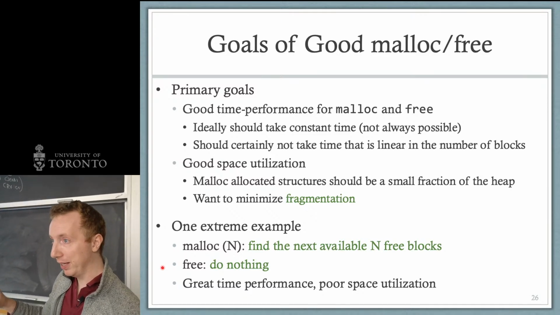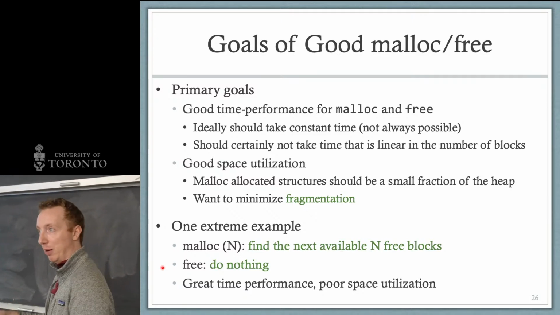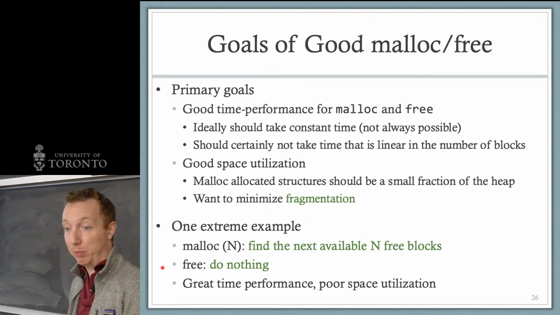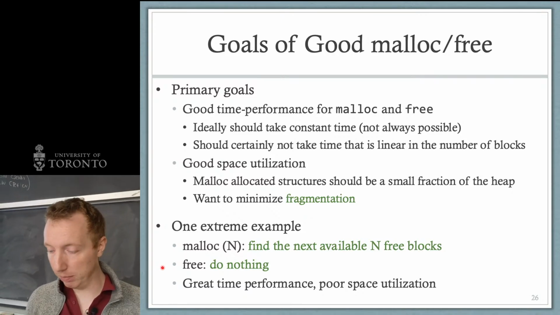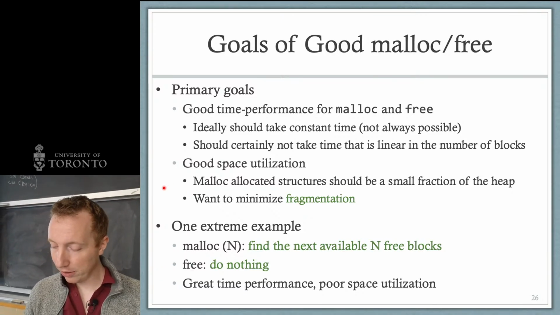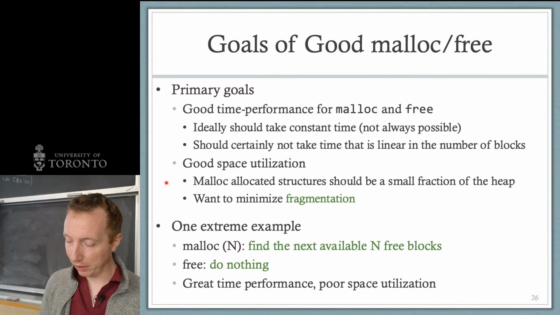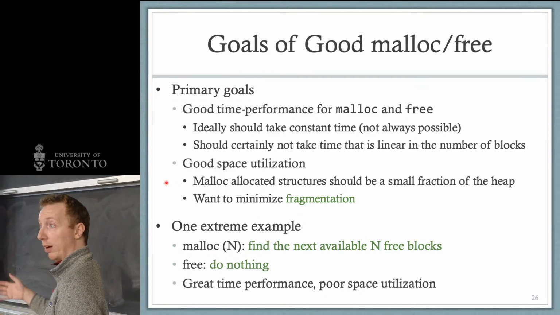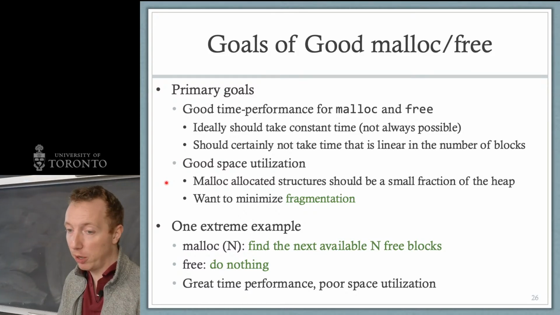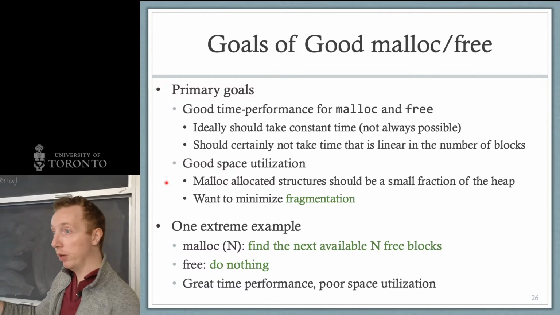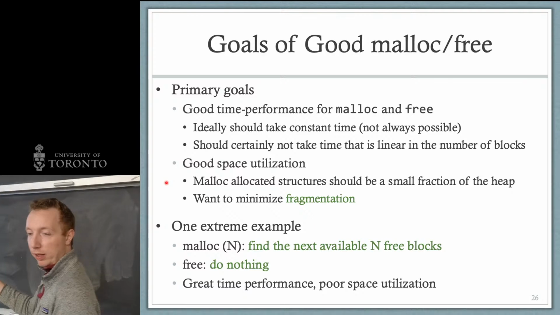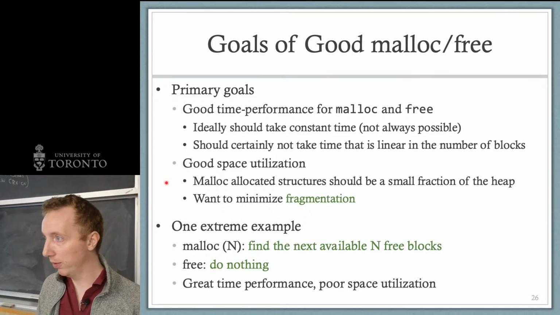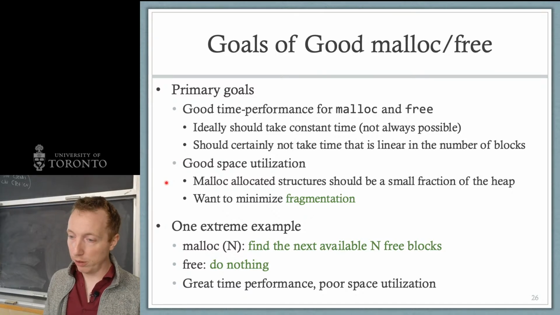Hopefully it doesn't scale linearly with the number of blocks you're actually using, otherwise your performance will probably be really bad. And the other, conflicting goal is that you should have good space utilization. You shouldn't waste a whole bunch of memory. You should be smart about where you fulfill the request in memory, because you want to minimize fragmentation, which is just another fancy word for wasted space.